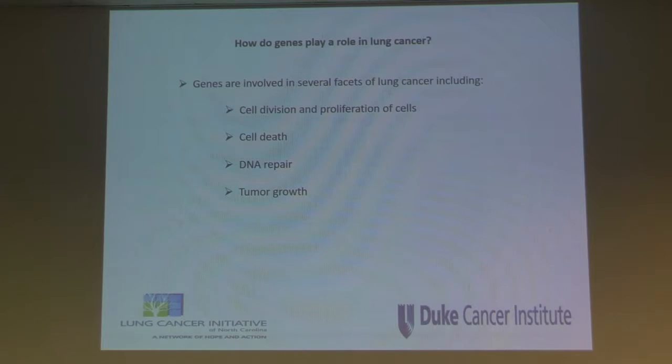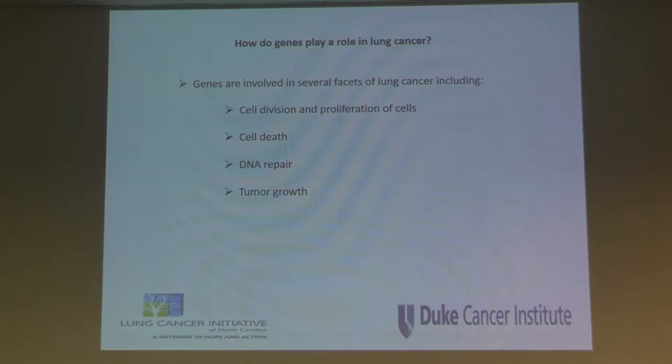But sometimes the genes responsible for that cell death can acquire mutations, and those cells no longer die like they are supposed to naturally. And then we have, like I mentioned earlier, DNA repair type genes, which hopefully most of the time are there to repair those mutations that can be deleterious, but that does not always happen.